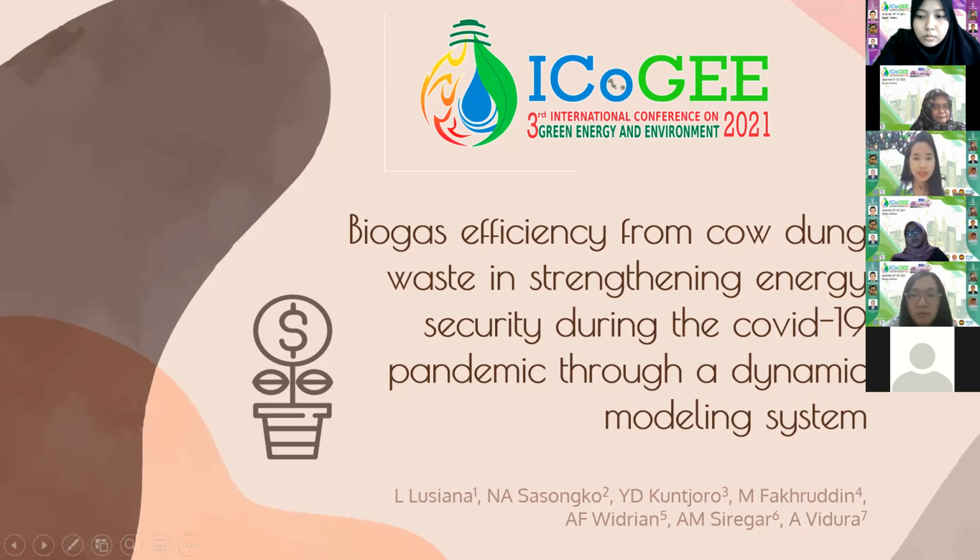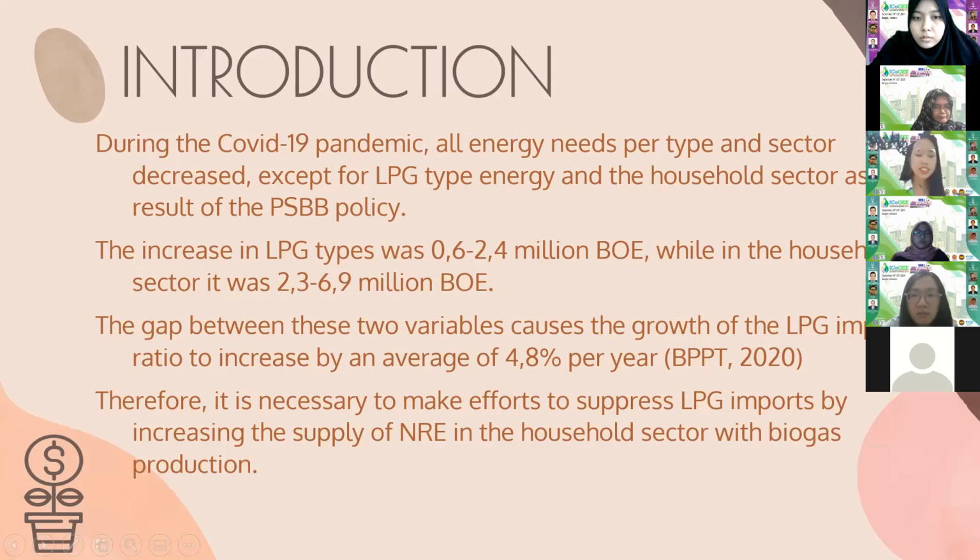We know that during the COVID-19 pandemic, all energy needs per type and sector decreased, except for LPG-type energy and the household sector, as a result of the PSBB policy. The increase in LPG was 0.6 to 2.4 million BOE, while in the household sector it was 2.36 to 6.9 million BOE.